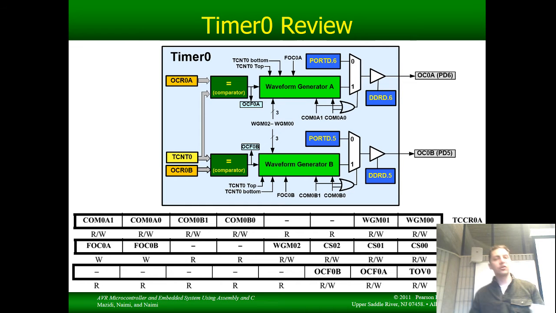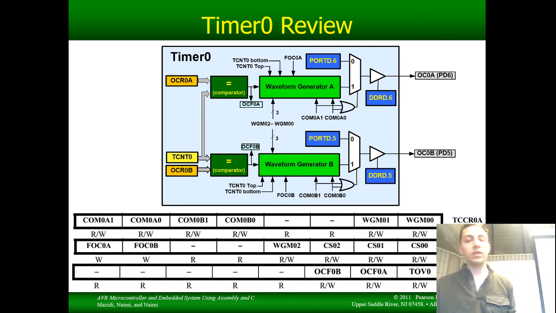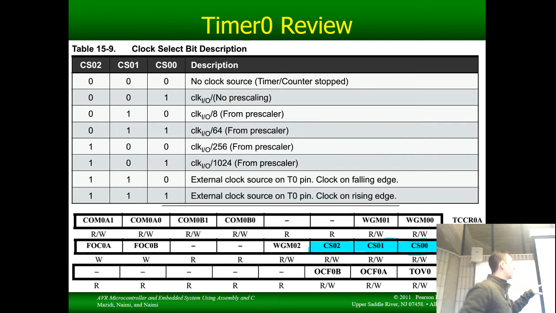All right, let's just go over a review of what we normally do with timer 0. First off, we've seen the clock select bits. It's just a prescaler. Timer 0 can also take external events, which we haven't really used very often, but is something to remember that we can do. Those 3 bits stand for our clock source as a prescale from our system clock.